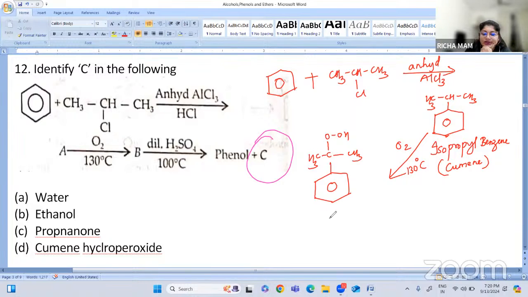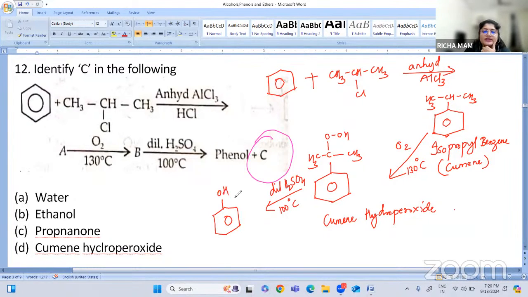Further, I'm going to treat it with dilute H2SO4 at 100 degrees Celsius. What is the product? Phenol. Remember the synthesis, and what is the byproduct? It is acetone, that is propanone.